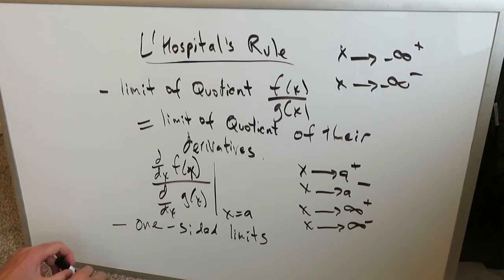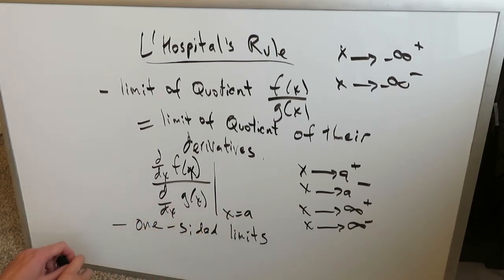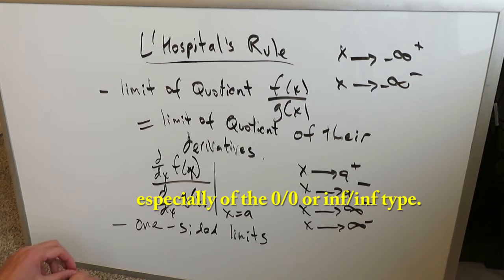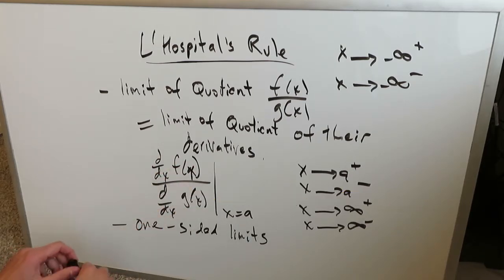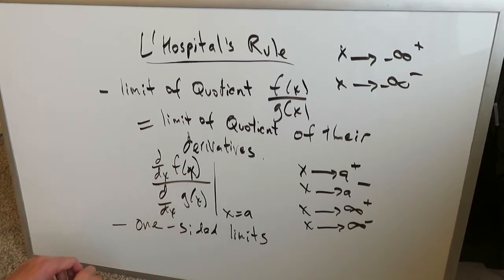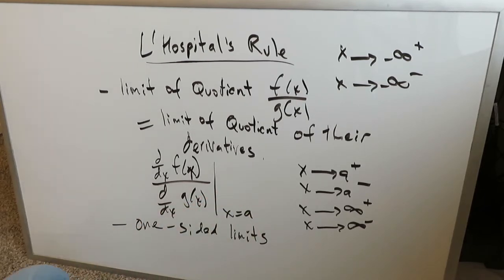Sometimes you can have questions or functions such that when you do the first round of this derivation process and you want to run your value through, you cannot come up with a good answer because you still have variables present that are leading to indeterminate forms. You may have to run the whole derivative process twice, 3 times, or you may even have to rearrange your functions as you're running your derivative procedures, so that you can in the end come up with an answer. Let me show you some of these peculiarities that come into play.